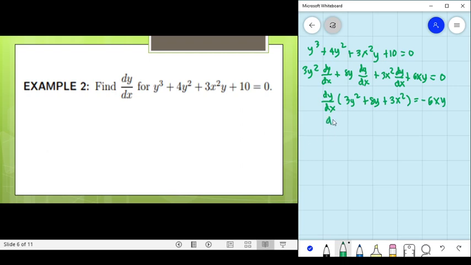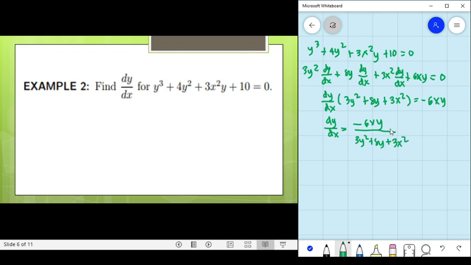Therefore, dy over dx is equivalent to negative 6xy all over 3y squared plus 8y plus 3x squared.